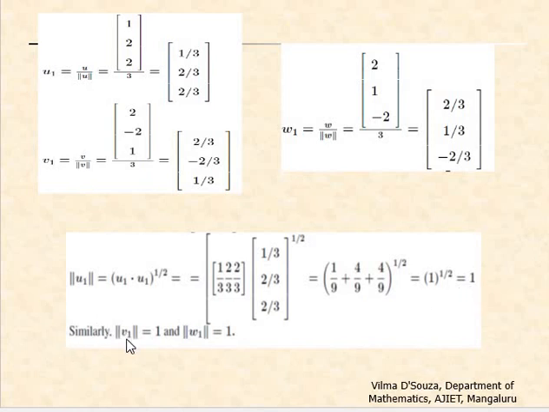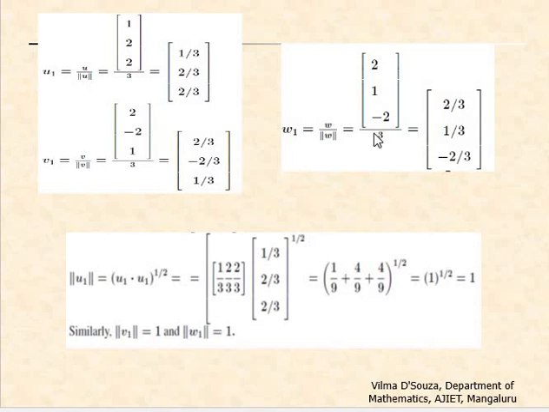Similarly, what is the length of v1? The square root of (2/3)² plus (-2/3)² plus (1/3)². That is the root of 4/9 plus 4/9 plus 1/9, which is again equal to 1.